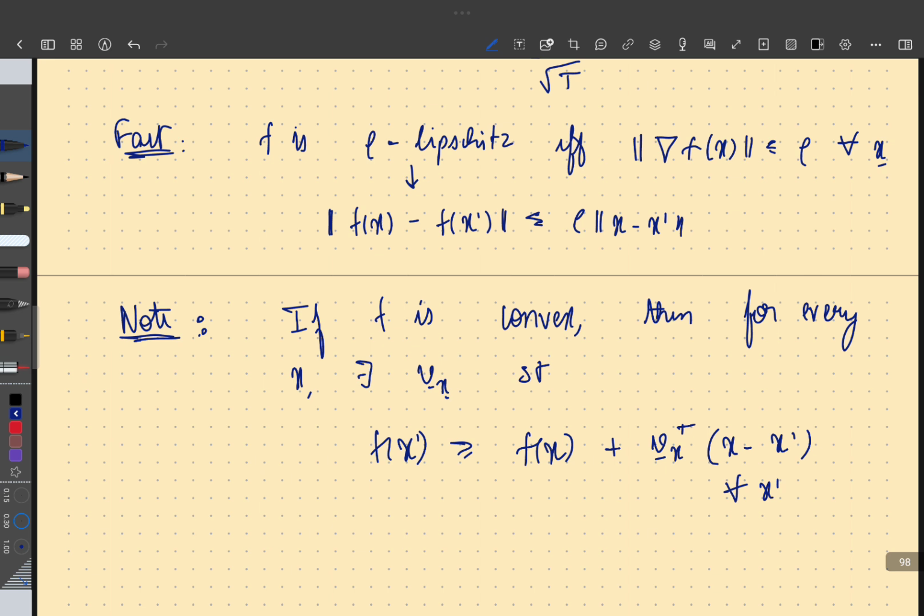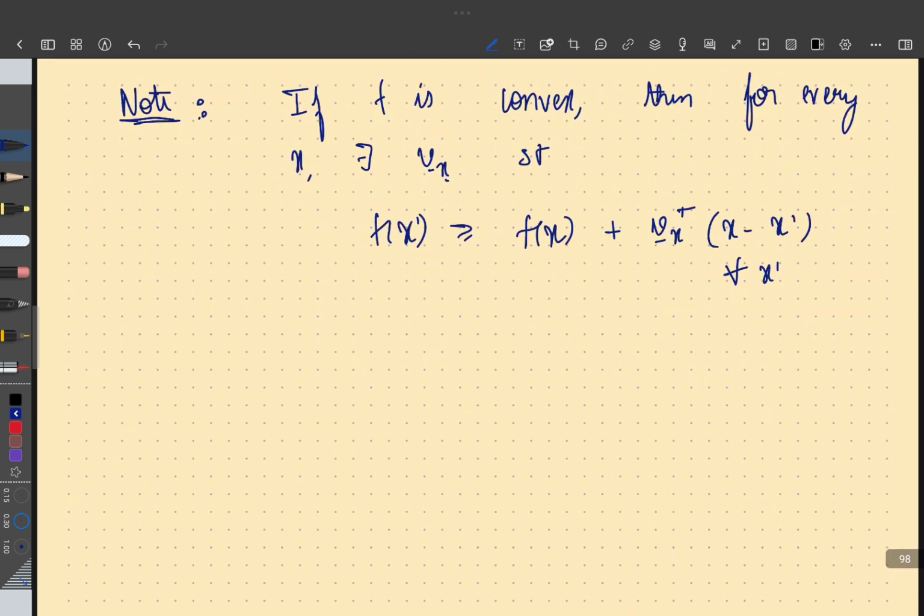So in other words, if f is convex, then at every point on the curve there exists a tangent which uniformly lower bounds the entire function f. And that's true even if the function is not differentiable. If the function is not differentiable at a particular point, then v_x may not be unique.